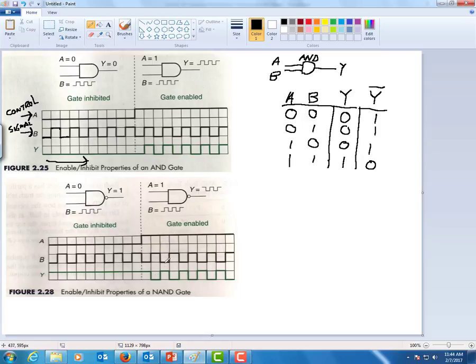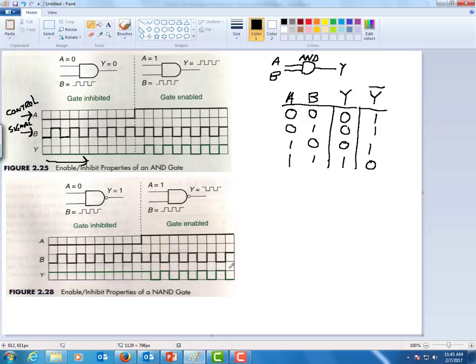And when B is low, Y bar is high. So you'll notice that the signal's going on through, however, it's considered to be out of phase because of this fact. When B is high, the output's low. When B is low, the output's high.